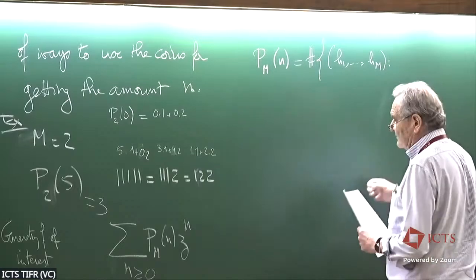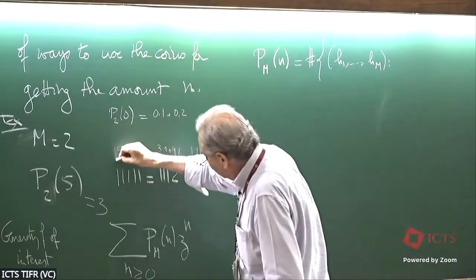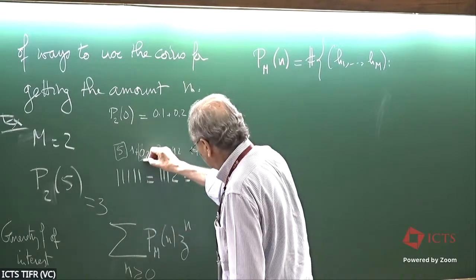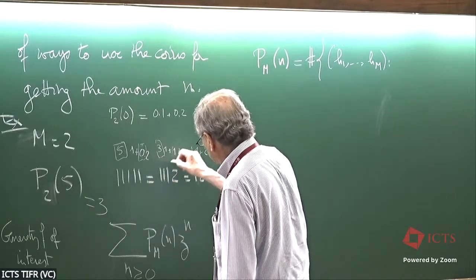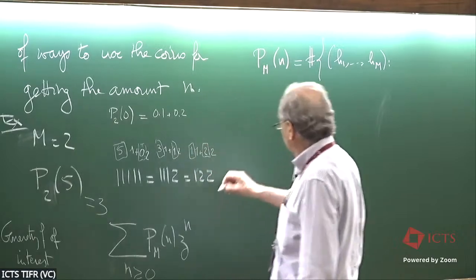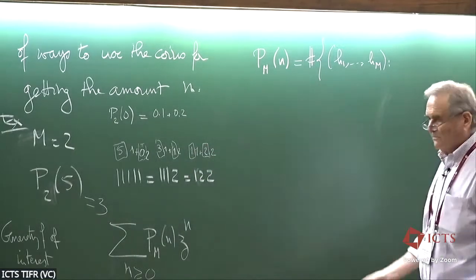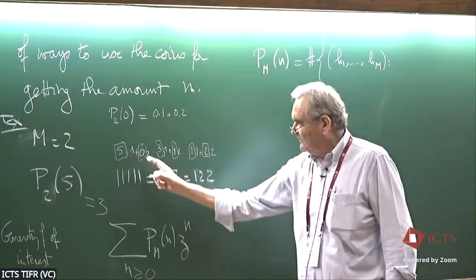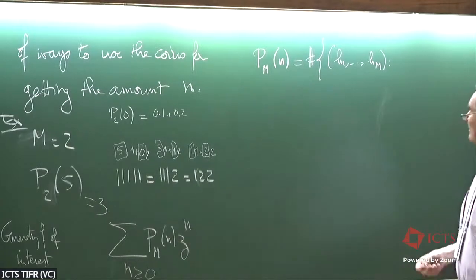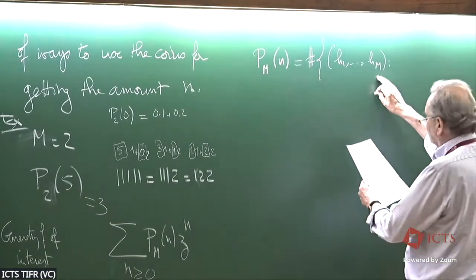So in my representation, this is the number of 5 and the number of 0, this is the number of 3 and the number of 1, this is the number of 1 and the number of 2. So this is h1, h2. Here it will be 5, 0, then 3, 1, then 1, 2. So we are looking at those h.